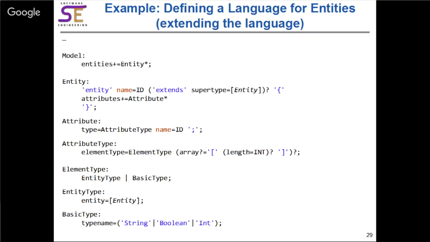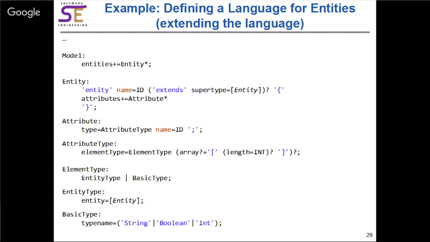Here this attribute definition still looks similar to what we had before. So entity is still something that contains a list of attributes. But before we said attribute type, and then we would reference an entity and give a name.